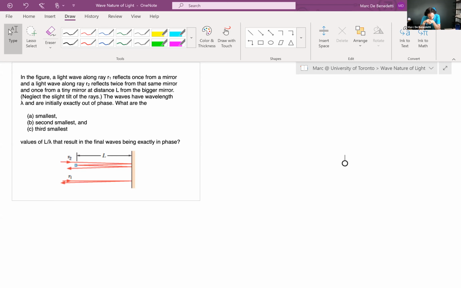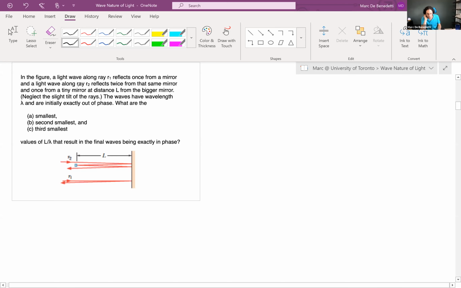So in the figure, a light wave is traveling along ray number 1, and it reflects once from a mirror, and a second light ray, ray number 2, reflects twice.